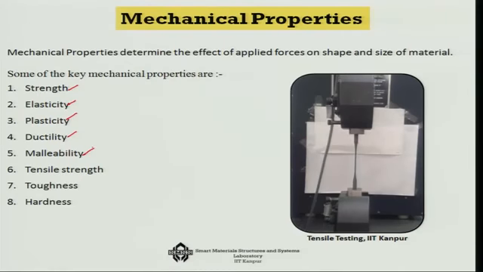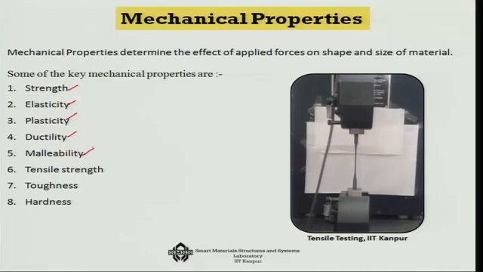This is one common point that you often come across, that ductility and malleability are not the same, okay? Both of them of course refer to how you are deforming a material, mainly plastic deformation, but while ductility refers to deformation under tensile conditions, malleability generally refers to deformation under compressive conditions.